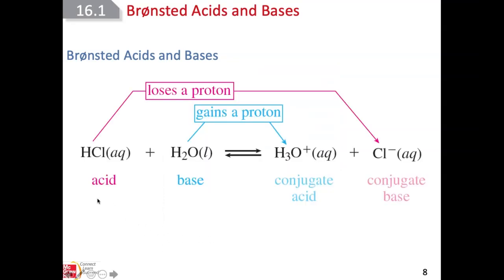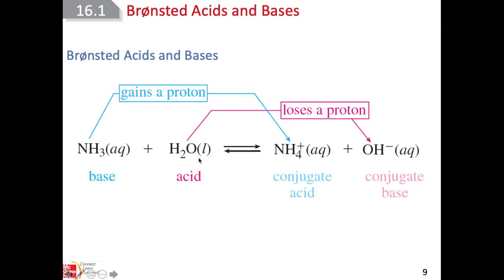So that's also they're telling you HCl is an acid because it loses a proton and it forms Cl minus as a conjugate base. H2O gains a proton from that HCl, and what is formed after that is its conjugate base. And the same scenario is for the base.